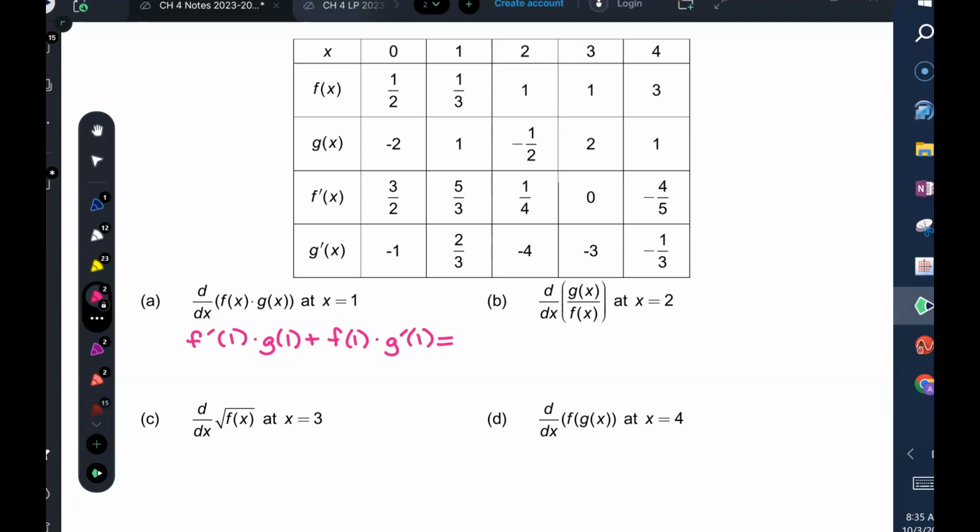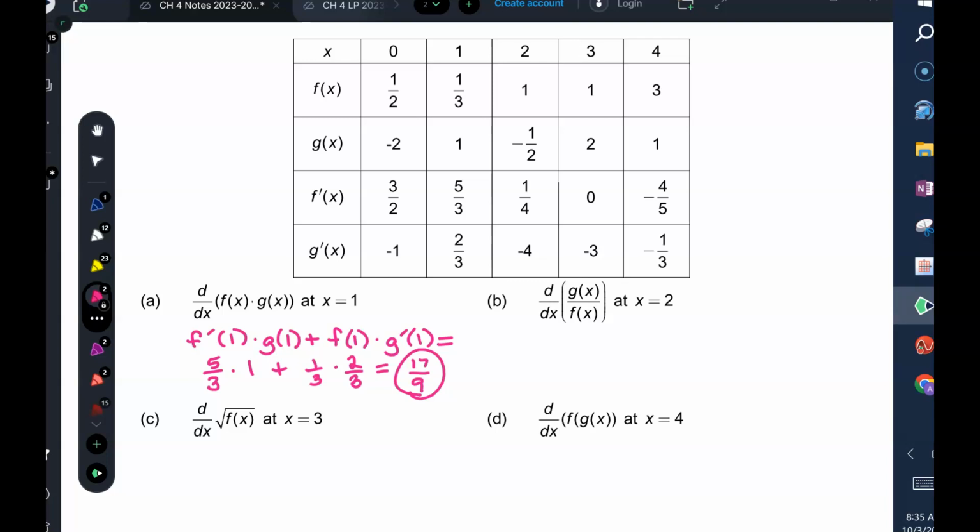Now we just have to figure out from the chart. So f prime of 1 is 5/3, g of 1 is 1, plus f of 1, 1/3, times g prime of 1. So 5/3 plus 2/9, 17.